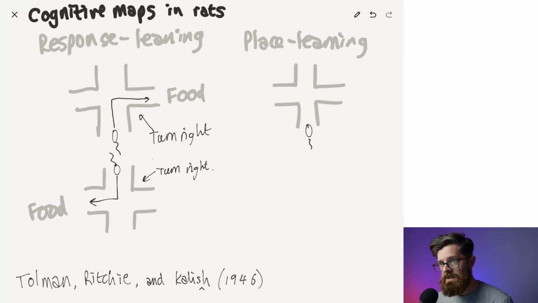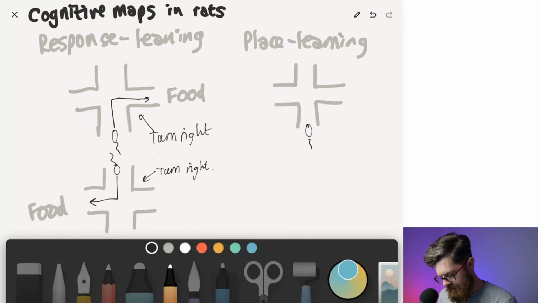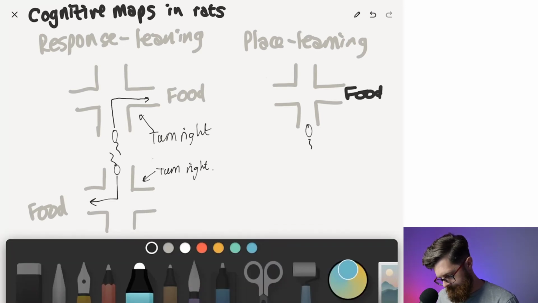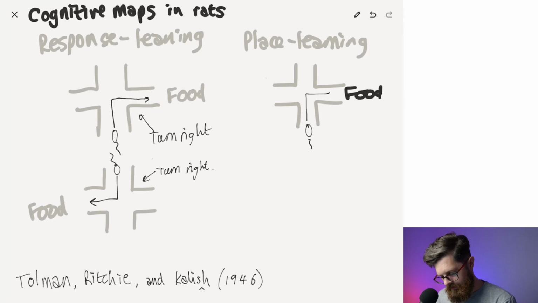So this is very different to what is the right response. Now we're trying to teach the rat a location. So in this condition, if we put the food over here, in order to find that, the rat has to turn right.